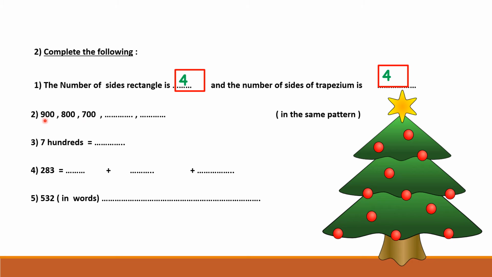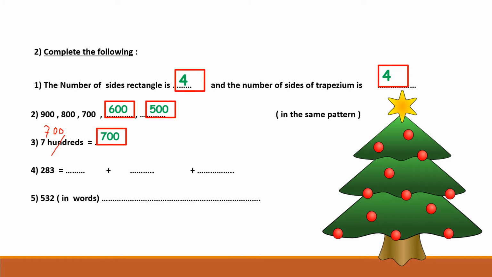So 900 back to 800, back to 700, back to 600, and 600 back to 500. So 700 equal how many? So now I'm gonna cross 100 and put 2 zeros and write 7. So the answer will be 700.